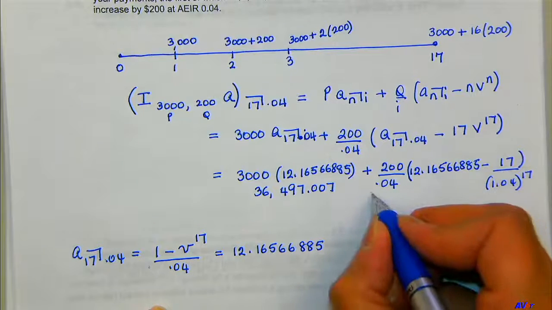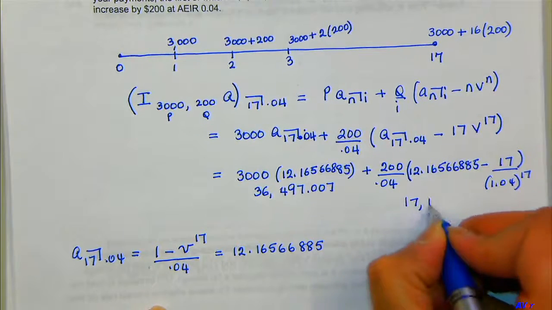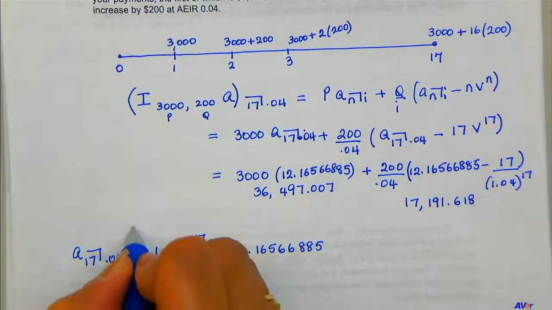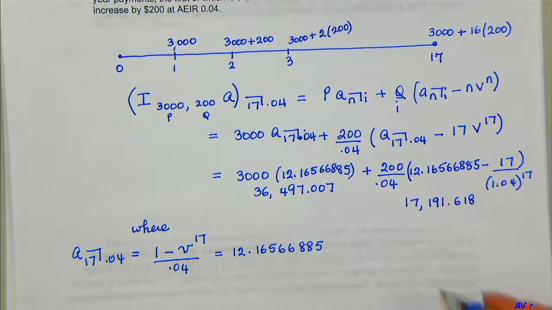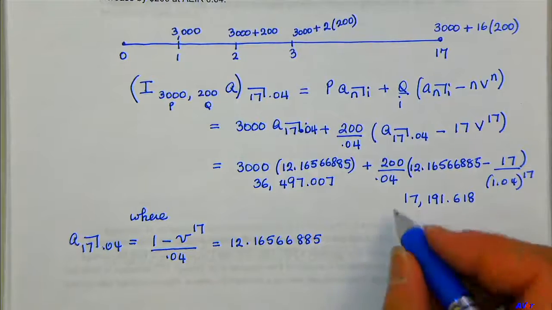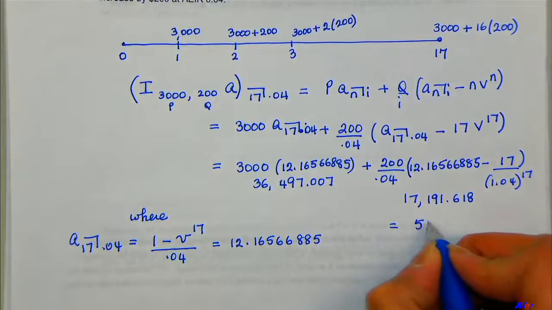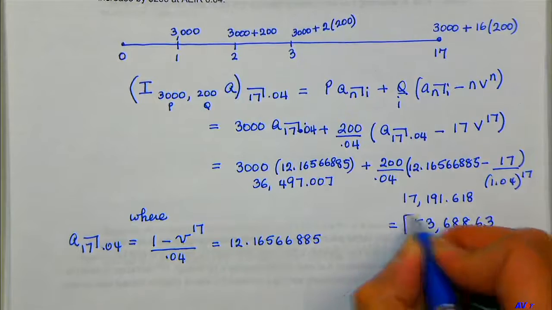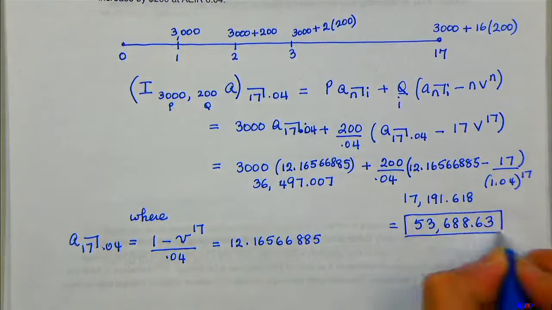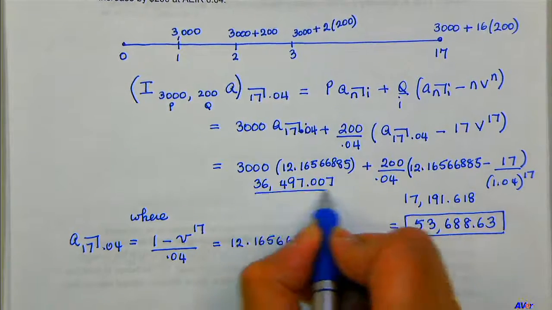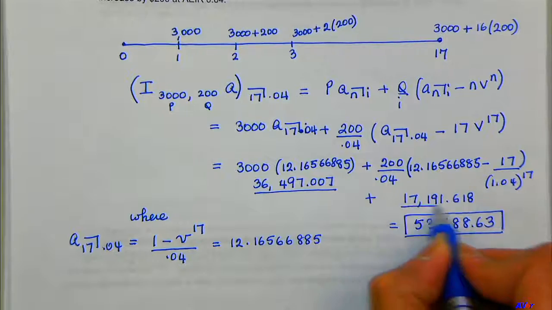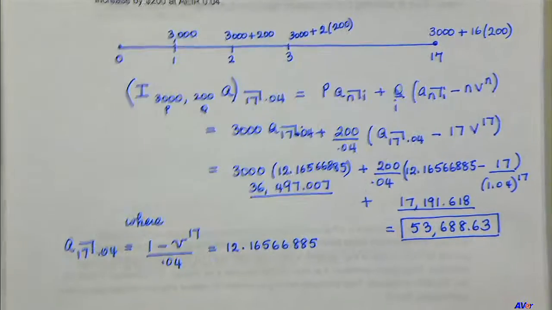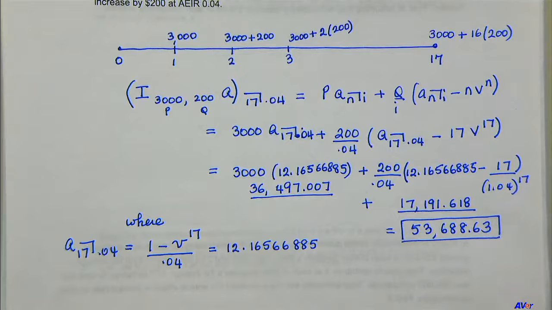That one gives me 17,191.618, where A angle N equals that. So my final answer is 53,688.63. Where it's this plus that. Doable, right?